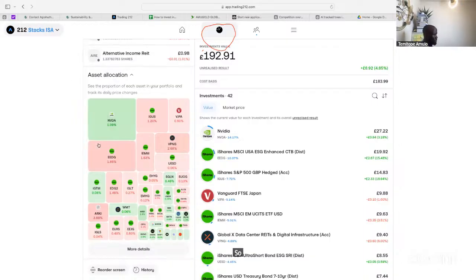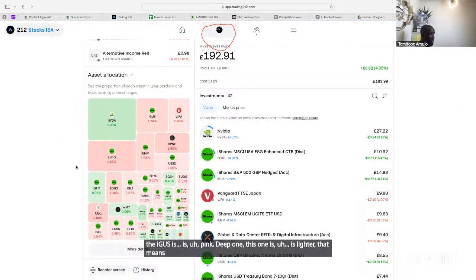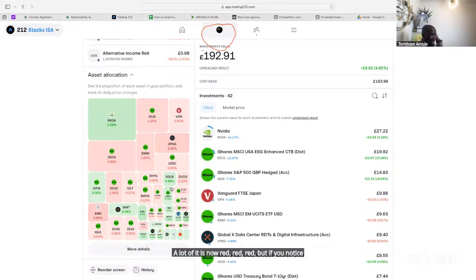So now, you can see that the Nvidia is green. The other one is pink, a deep one. This one is lighter, which means it is already recovering gradually. If you look at my share composition, a lot of it is now red. But if you notice last week, a lot were green.